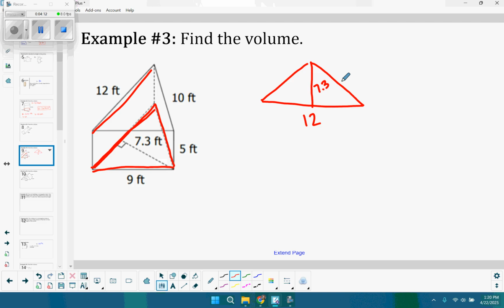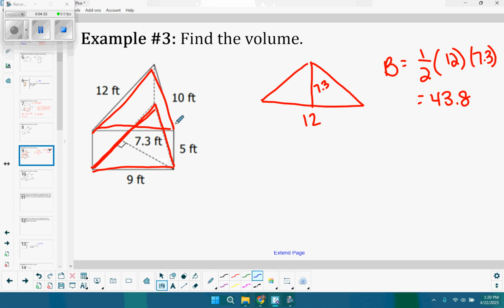So for this area, since it's a triangle, it would be 1/2 times 12 times 7.3. So that is 43.8 for B. The height, the distance between the two triangles, was 5.